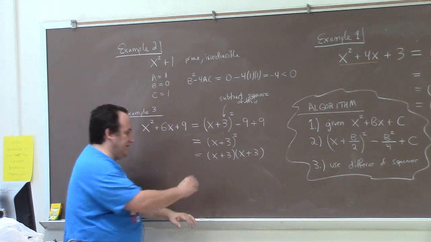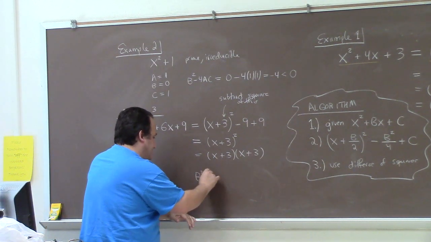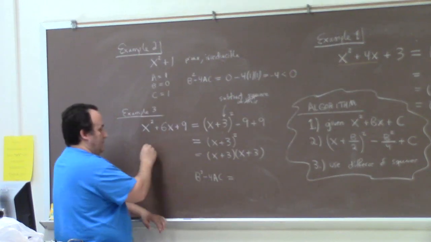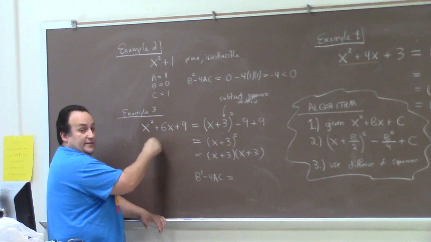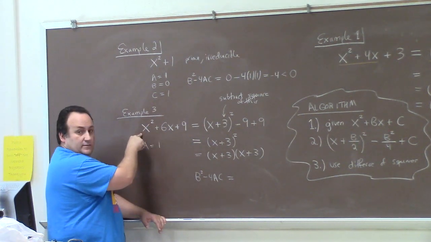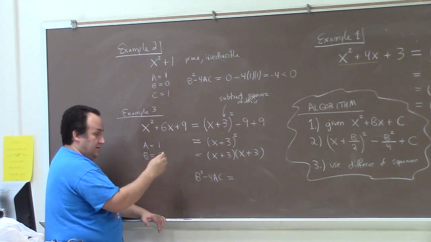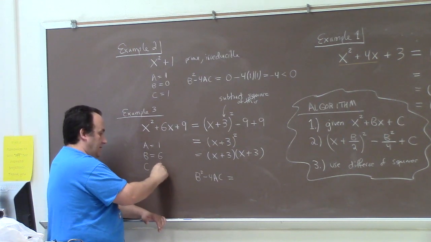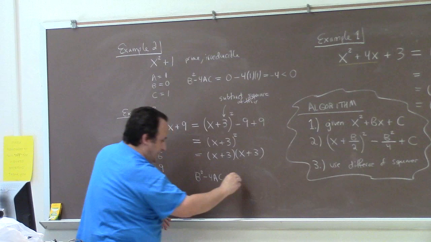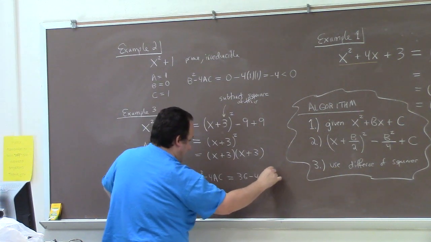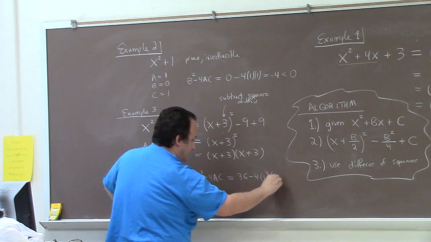So what's b squared minus 4ac here? Well, let's figure that out. a is equal to 1, b is 6. c is what? So we've got 36 minus 4 times 1 times 9.